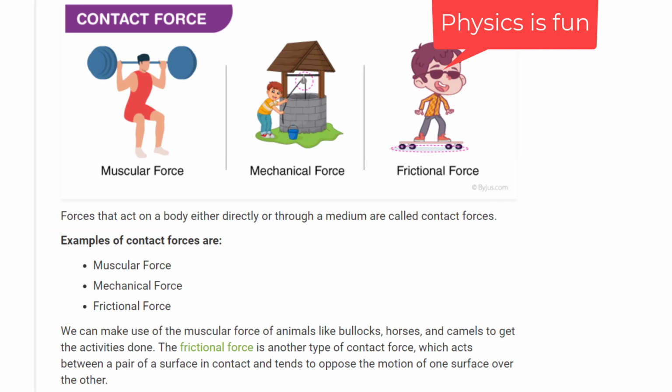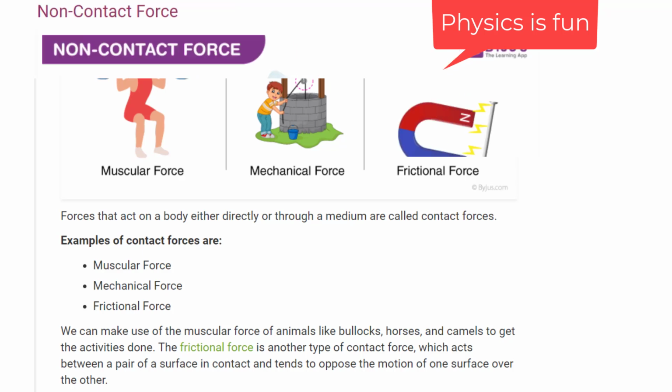Examples of contact forces are muscular force, mechanical force, and frictional force. We can make use of the muscular force of animals like bullocks, horses, and camels to get activities done. The frictional force is another type of contact force, which acts between a pair of surfaces in contact and tends to oppose the motion of one surface over the other.